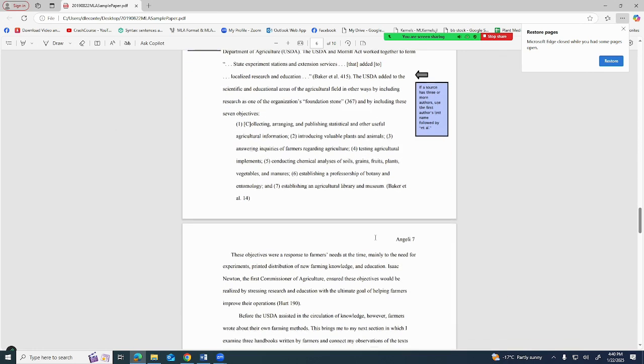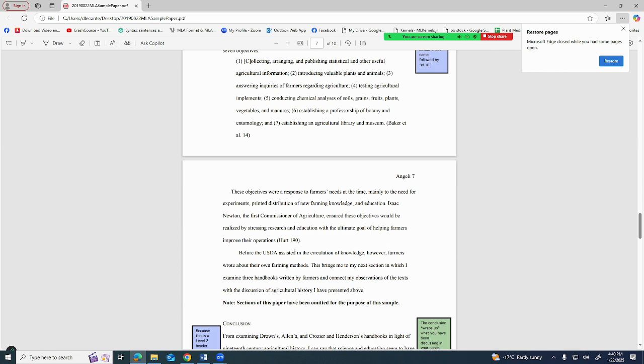Another time that you're going to use in-text citations is when we do something called a paraphrase. A paraphrase is just like, if you can remember back to grade 10 English, or you probably learned it in many different courses, where you did summaries for newspaper articles or anything like that.